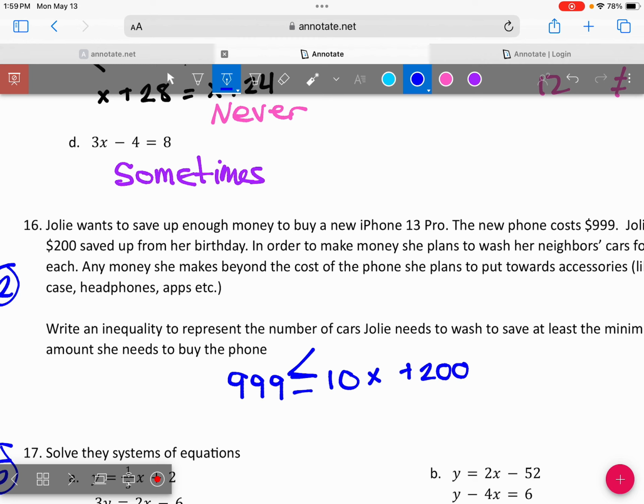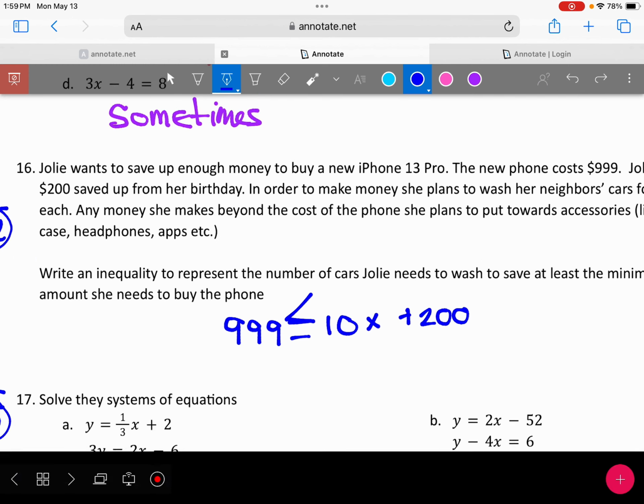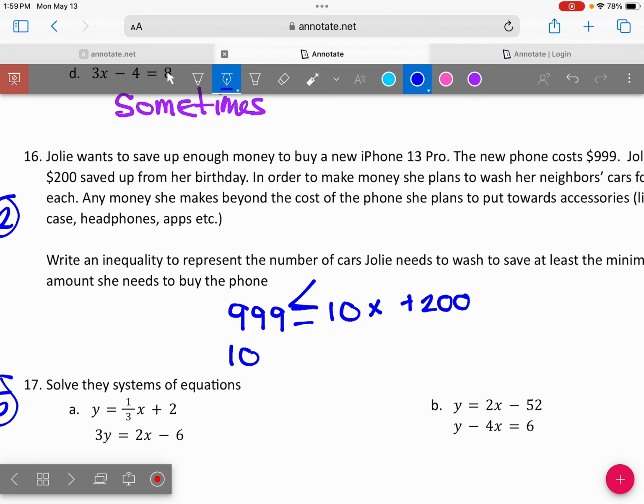Can you run it the other way though, right? If I write it this way, yeah, because I was doing 10x plus 200. If you flip the whole equation, that's absolutely fine. You can do 10x plus 200 is greater than or equal to 999. It's still the alligator eating the bigger side.